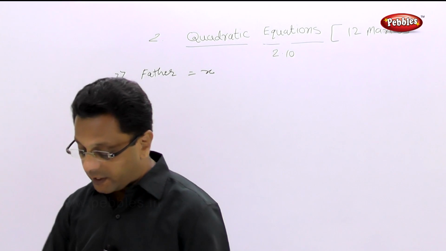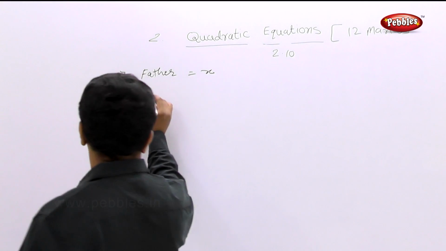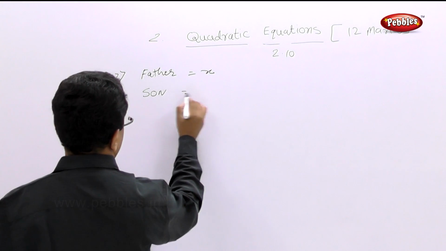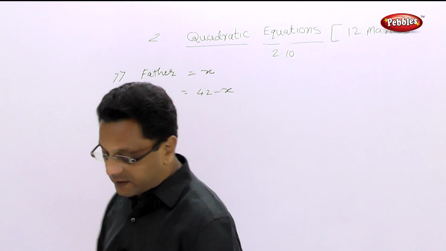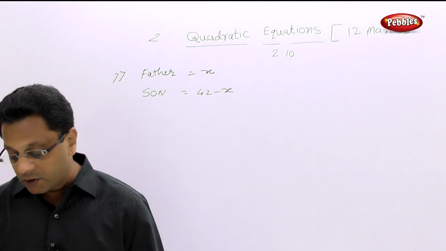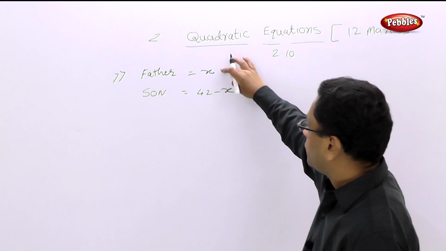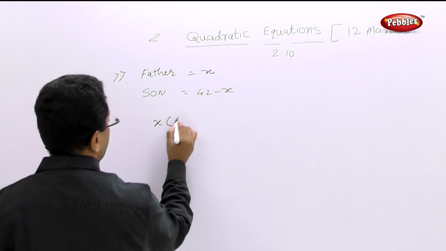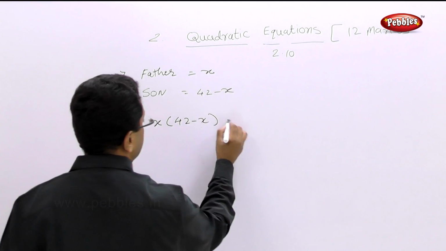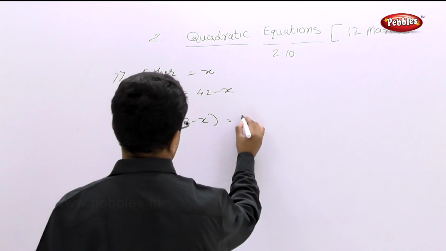If the sum of their ages is 42, the age of the son is 42 minus x. Then they say the product of the numbers denoting their ages is 185. So product means x into 42 minus x. So x into 42 minus x is equal to 185.